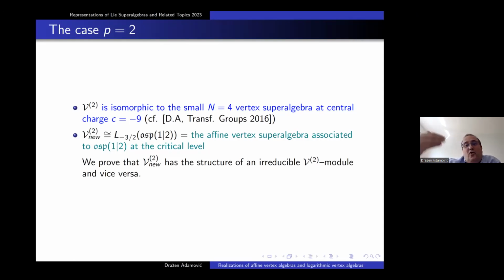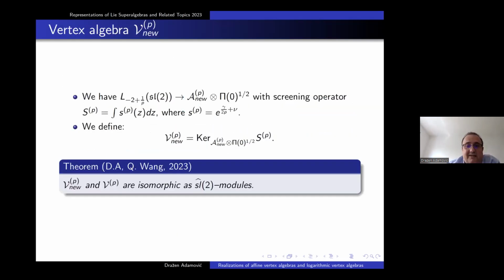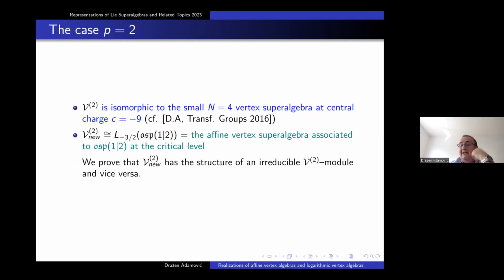So we use this whole theory to describe what happens with the orthosymplectic vertex algebra at the critical level. Then we can go back and see that this VP nu, in the case P equals 2, OSP and N equals 4, are isomorphic as SL2 modules, so they have completely the same decomposition, the same character.